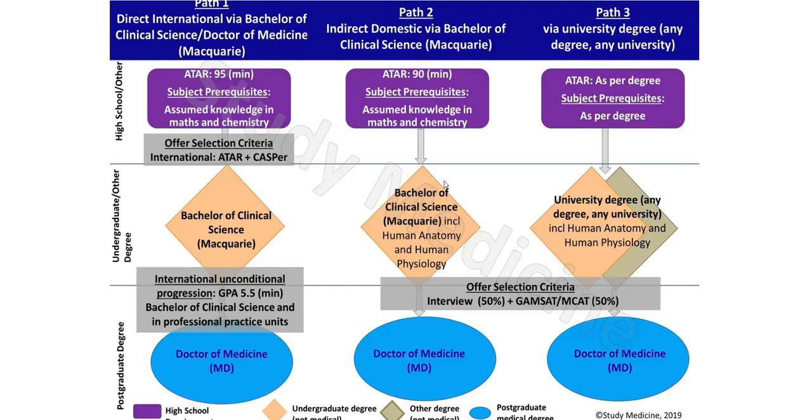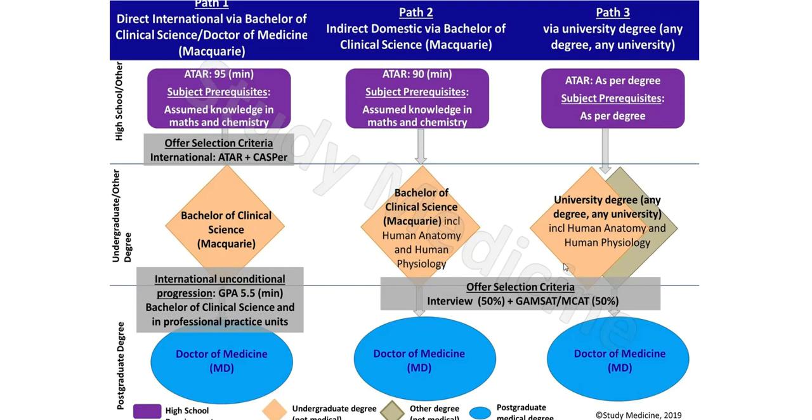Now, the interesting thing here is that to progress from the Bachelor of Clinical Science degree into the Doctor of Medicine degree, there are a couple of key attributes. First of all, you have to make sure that you have studied human anatomy and human physiology when you've been doing the Bachelor of Clinical Science, because they're prerequisites for the medical degree. And once you finish the Bachelor of Clinical Science degree, you then go through a selection process for medicine.